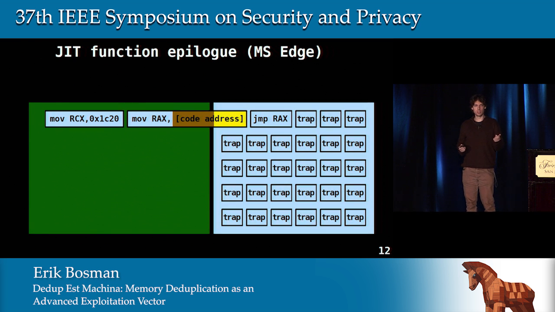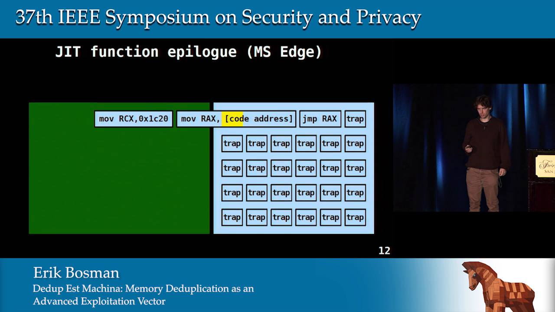Actually, we know all information in the epilogue except for the code address. So that's what we want to leak. So if we create a JIT function with the code address just on the boundary, we can leak this code address in multiple steps. And then in every step we can fill in the parts that we already know.